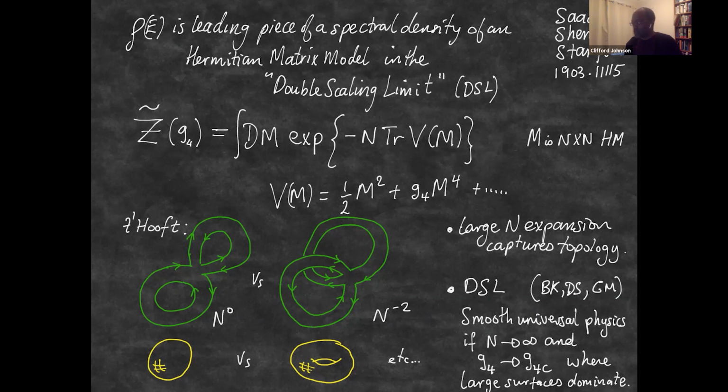The key thing is that you're doing these random matrix models in what's called a double scaling limit. And it goes back to observations, for example, by 't Hooft, which says that if I have some model of a matrix, in general, he was thinking of QCD, slightly more complicated matrix model. But the idea then is a large N expansion of some matrix valued field theory is a way of capturing topology.